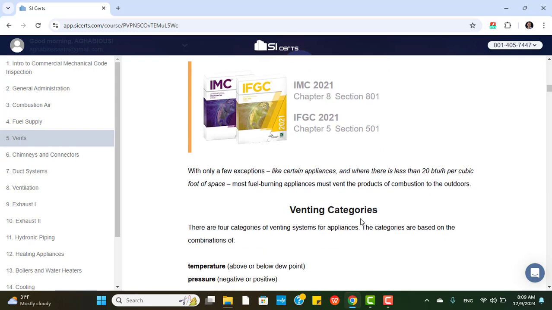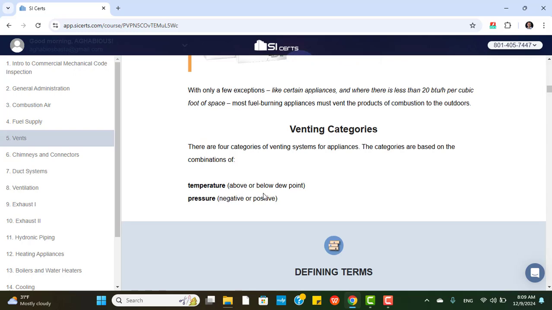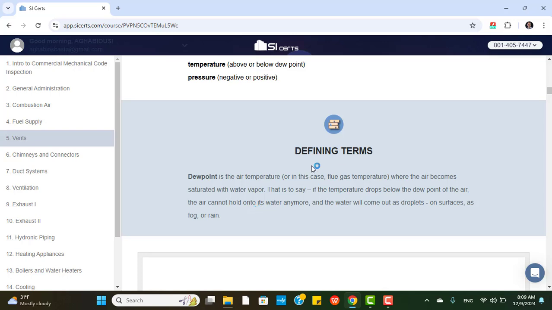For venting categories, there are 4 categories for venting systems for appliances. These categories are based on flue gas temperature, above or below dew point, and pressure, negative or positive. Defined terms. Dew point is the air temperature, or in this case flue gas temperature, at which the air becomes saturated with water vapor.